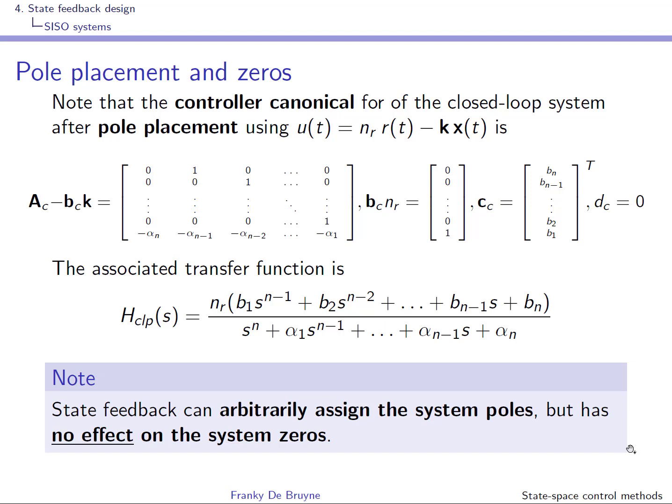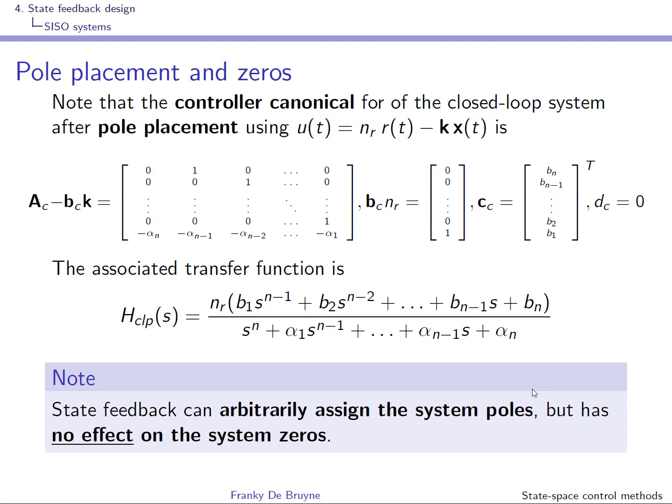Since using state feedback you cannot affect the system zeros, well, this zero will remain at the same place in the closed loop transfer function. So in closed loop you will also see the effect of this zero to the right of the imaginary axis, and you will still have this inverse type response.